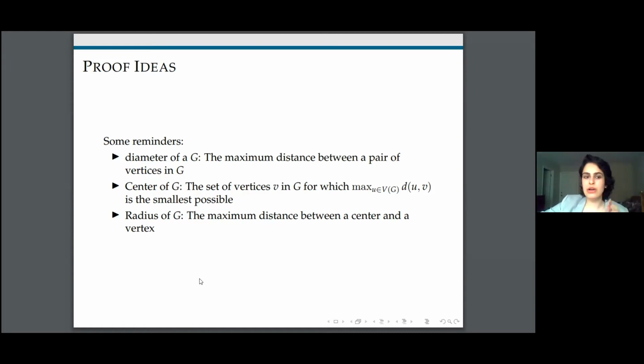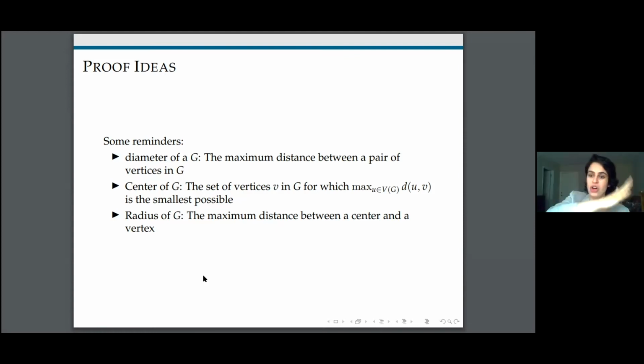As a reminder, most of you might have heard of these concepts. In a graph G, the longest distance between any 2 vertices is called the diameter. Then for any vertex in G, we look at the vertex that is farthest from it and measure that distance.